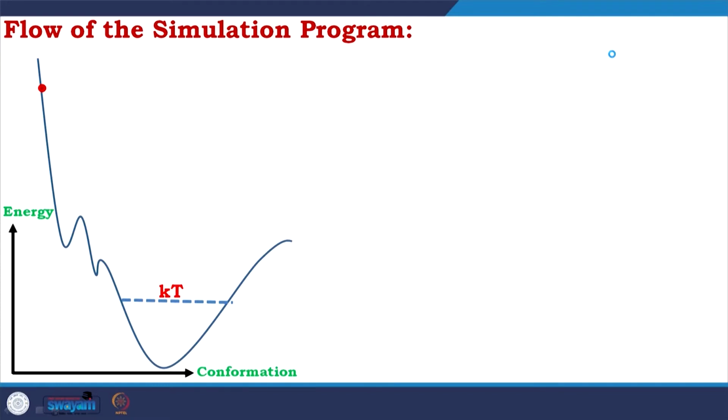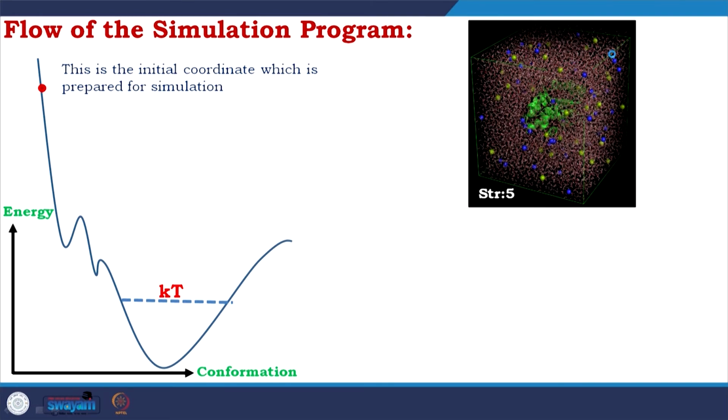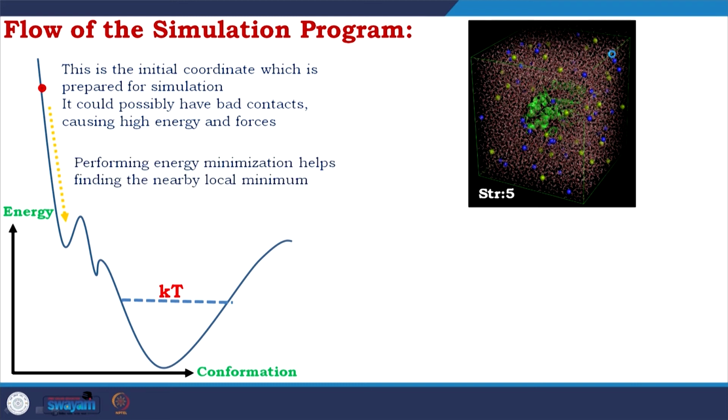So, coming to the flow again, we have the initial coordinate, we have processed it, and we come to the structure where we have the protein, it is now having a box, periodic condition is applied, solvated with TIP3P, and ions are there to buffer. So, everything is there, but now it could possibly have bad contacts. So, we have to go for minimization.